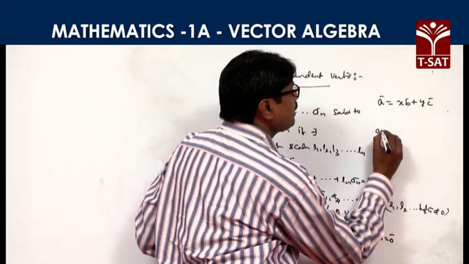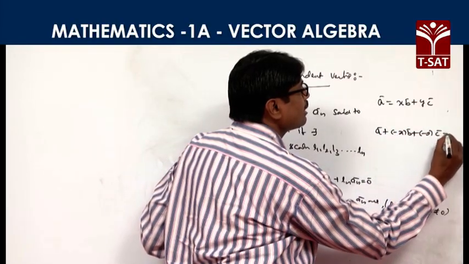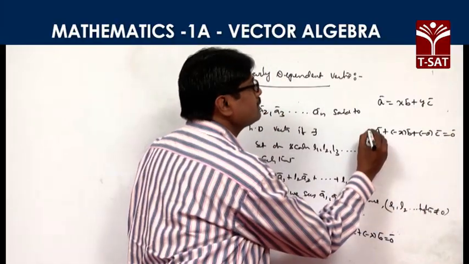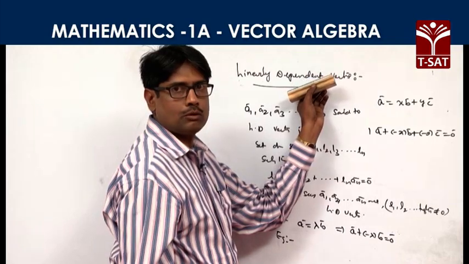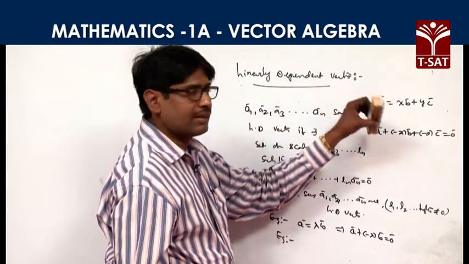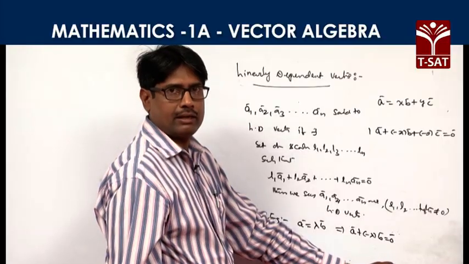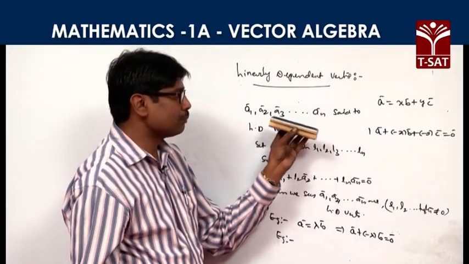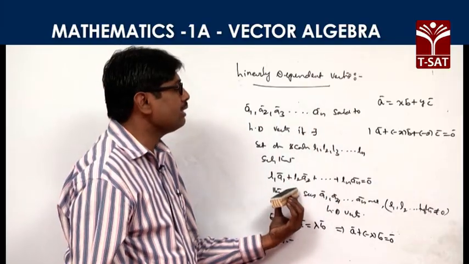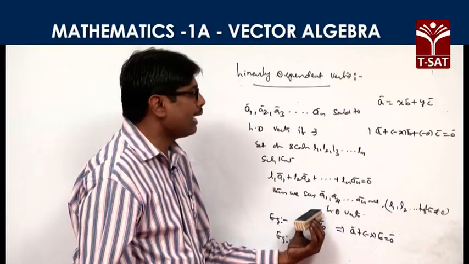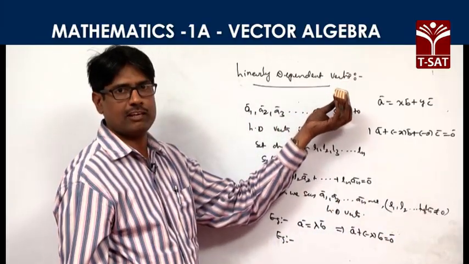So A bar minus x times B bar minus y times C bar is equal to 0 bar, where the coefficient 1 is not equal to 0. So it is constructed by a linear combination relation. So all coplanar vectors are linearly dependent, and all parallel vectors are linearly dependent. A set of vectors is said to be linearly dependent if there exists a set of scalars whose linear combination is equal to 0, with the scalars together not equal to 0.